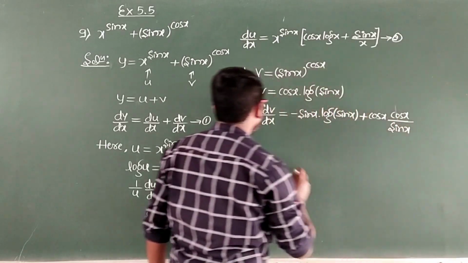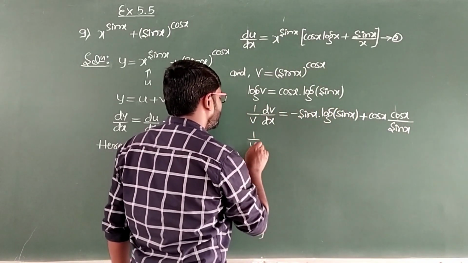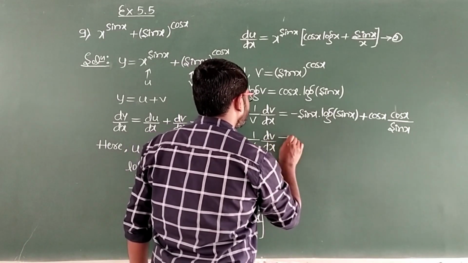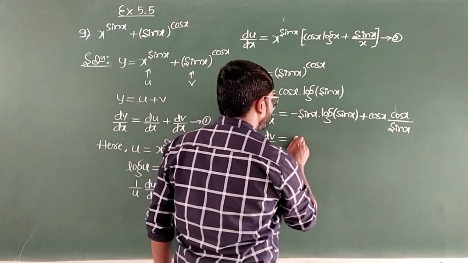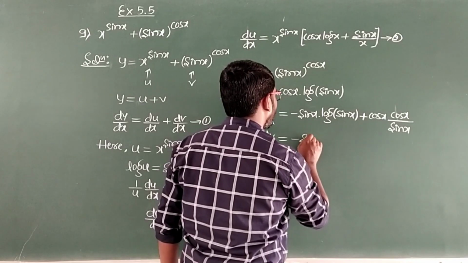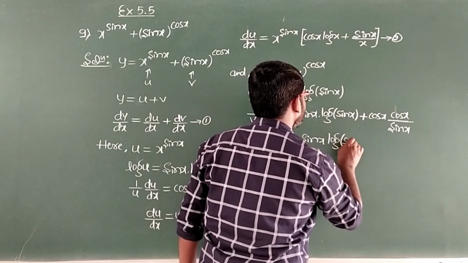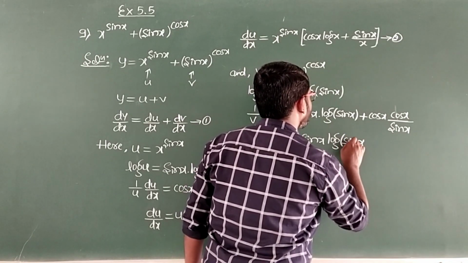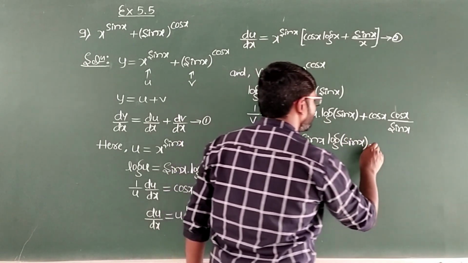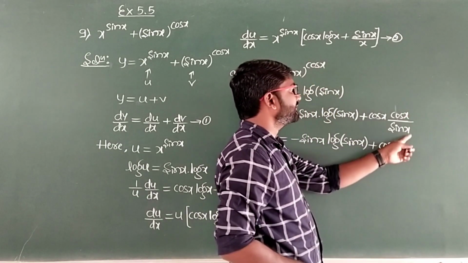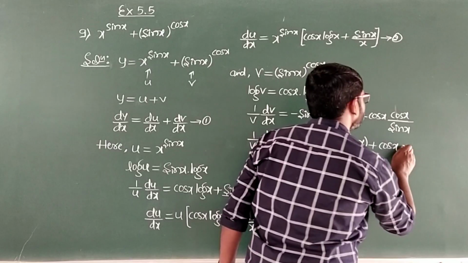Simplify this further: 1 by v dv by dx is equal to minus sin x into log of sin x plus cos x, and cos x by sin x will be cot x.